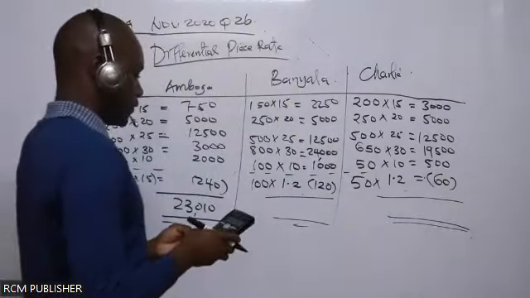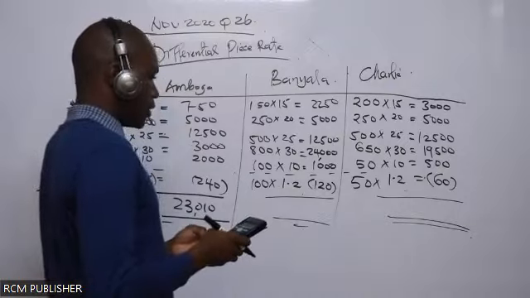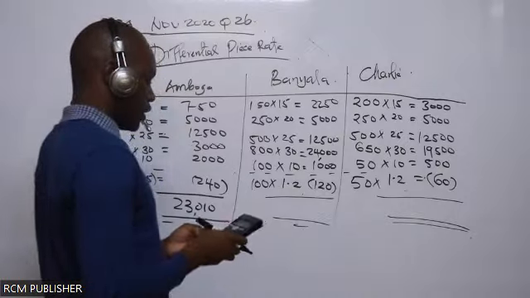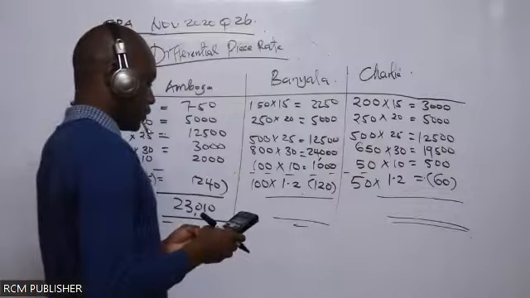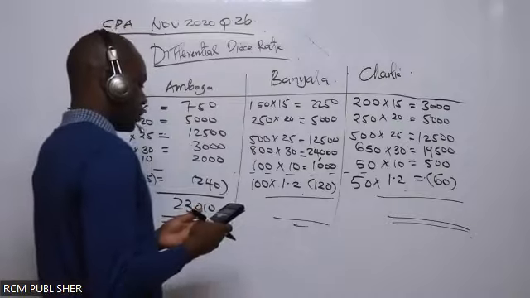2250 plus 5,000 plus 12,500 plus 24,000 plus 1,000 minus 240 or 120, minus 120.